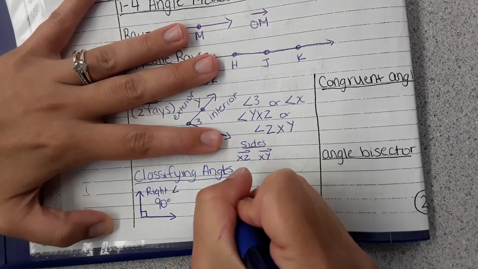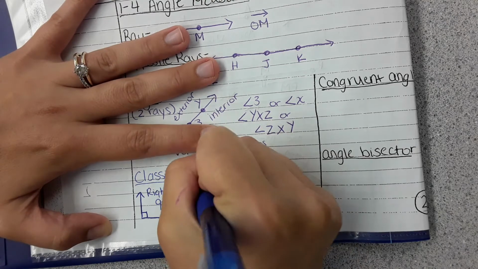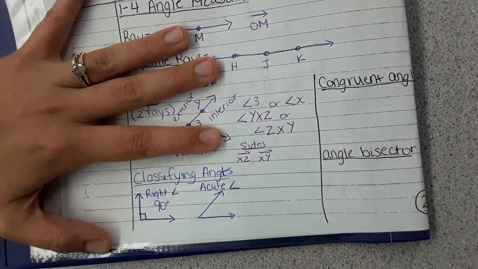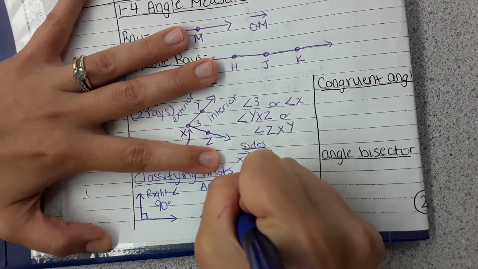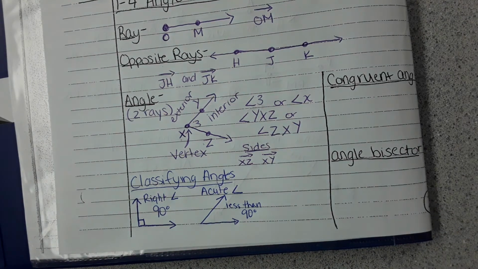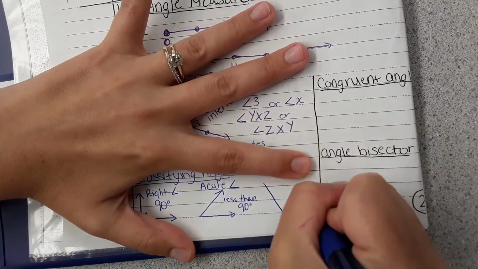Then the next angle is called an acute angle, like an acute little baby. An acute angle is less than 90 degrees. And last but not least, as you may predict, is an obtuse angle.